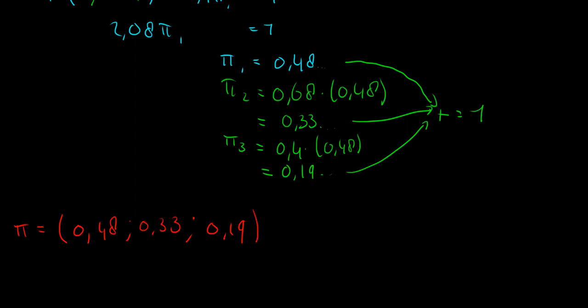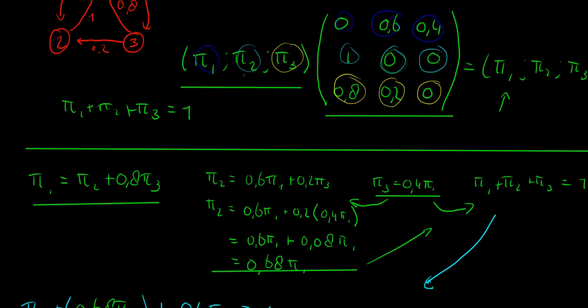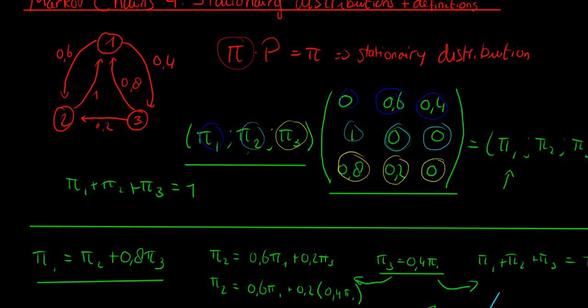So if we have 100 frogs, if we put 48% of those frogs on lily pad 1, 33% on lily pad 2, and 19% on lily pad 3, then after one transition, we would still have the same number of frogs on every lily pad.